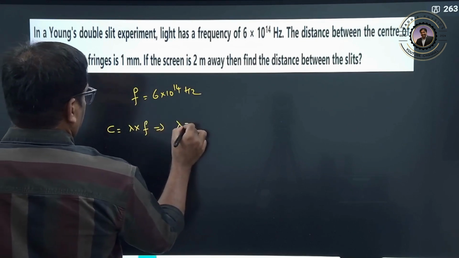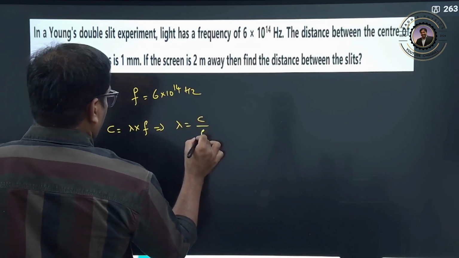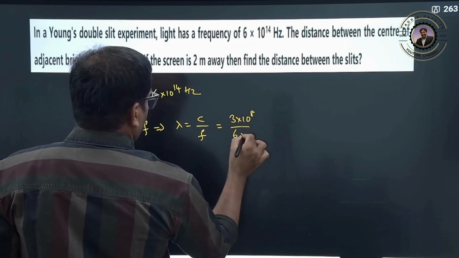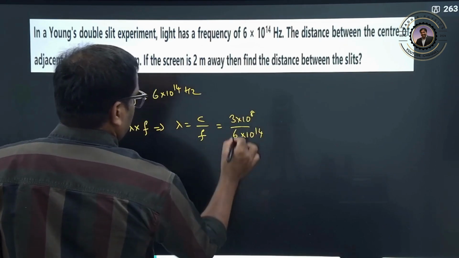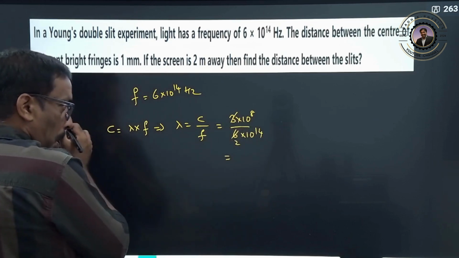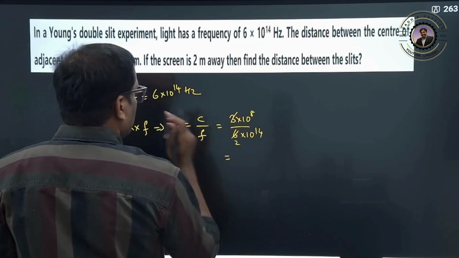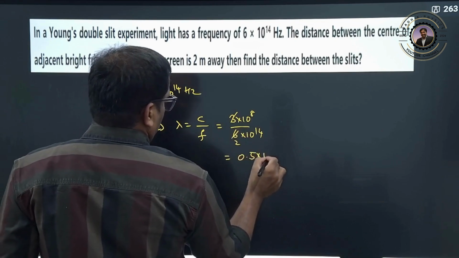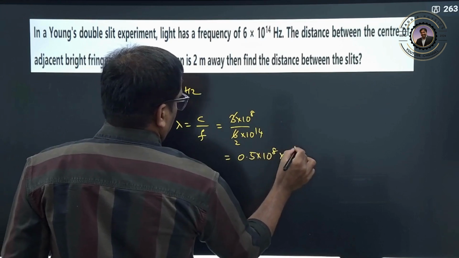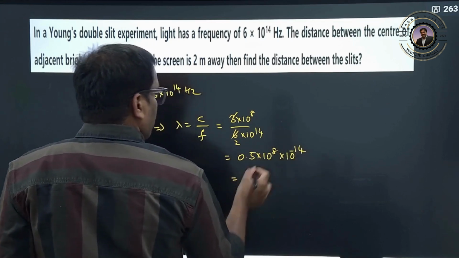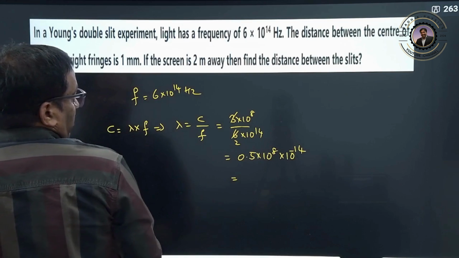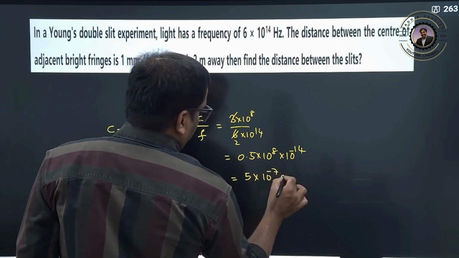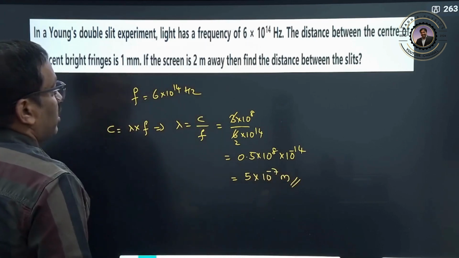So wavelength is equal to C by frequency, 3 into 10 to the power of 8 by 6 into 10 to the power of 14. So it is 1 by 2, 1 by 2 means 0.5, into 10 to the power of minus 14 plus... so I can take it as 5 into 10 to the power of minus 7 meters, which will be your wavelength.